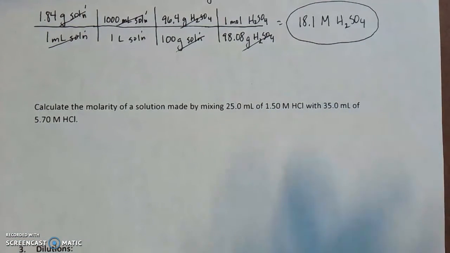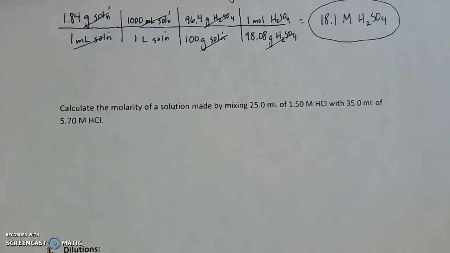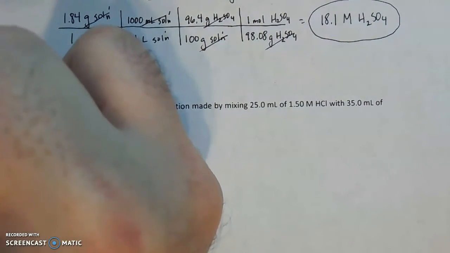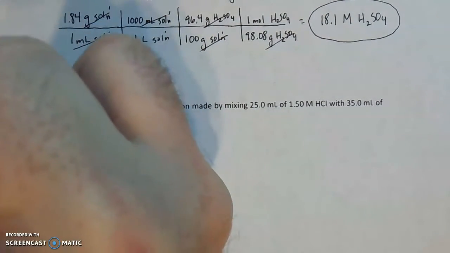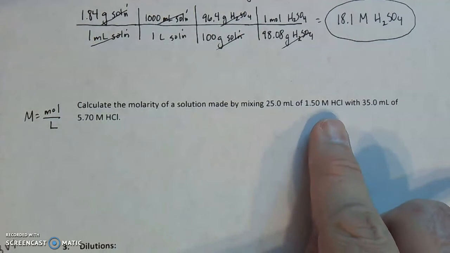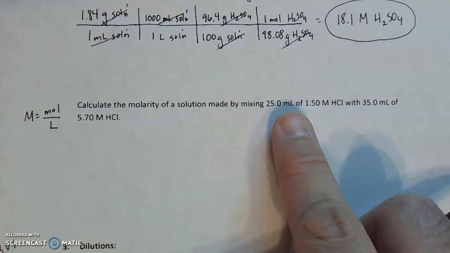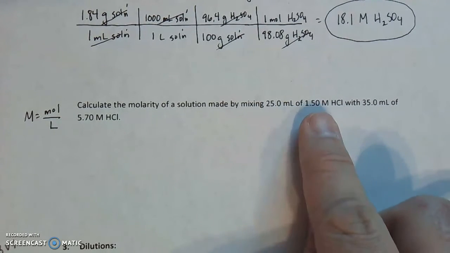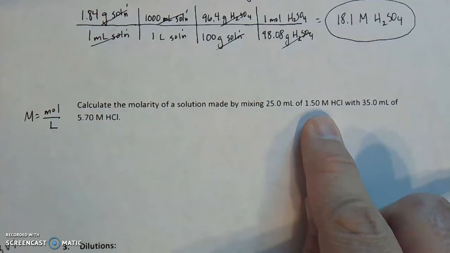So we have to use our definition of molarity. Molarity is equal to moles over liters to figure this out. So for each one of these solutions, I can't just add our volumes and add our molarities. Molarities can't be added together. We can't take an average of anything.